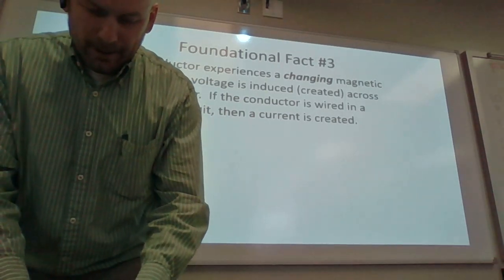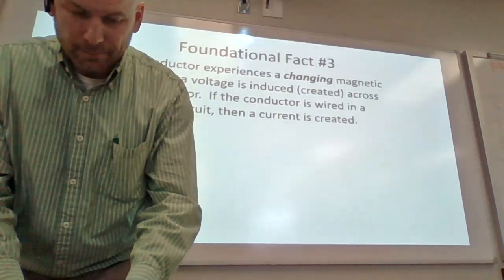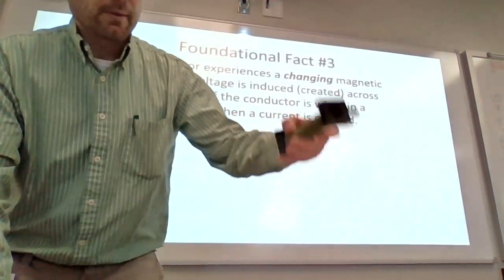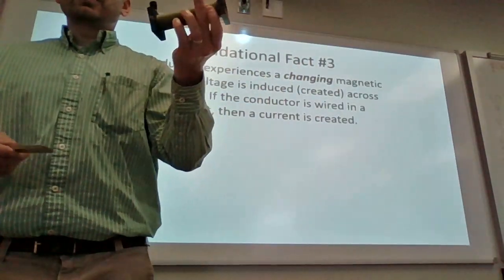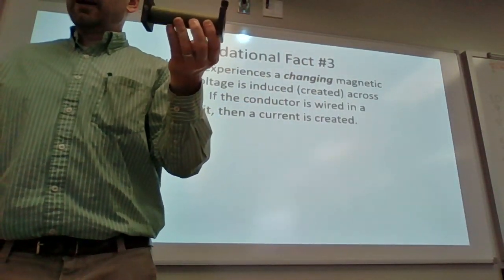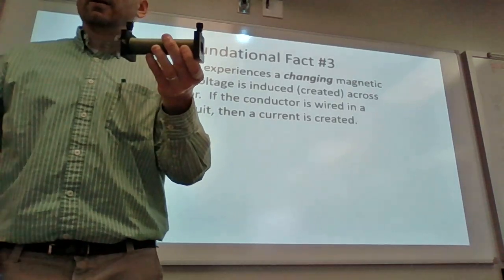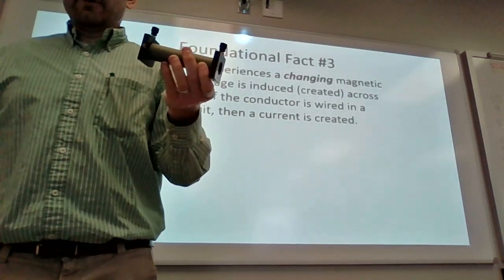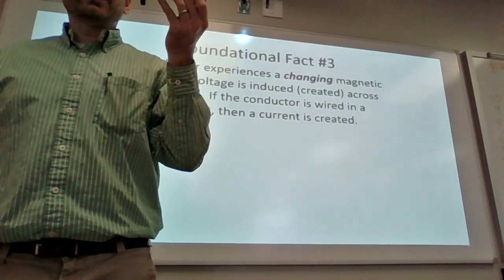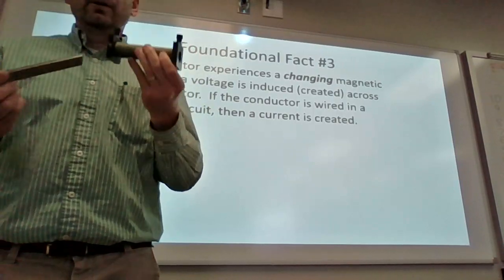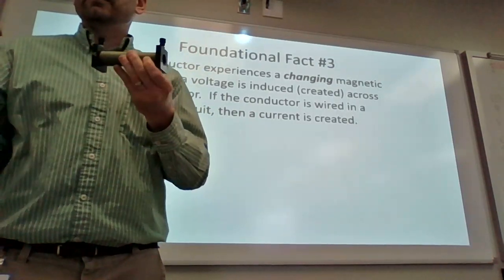Okay. Now, here, this conductor experienced a change in magnetic field. Here, no magnetic field, all of a sudden magnetic field, and then no magnetic field. This experienced a change in magnetic field as this magnet was brought near it.